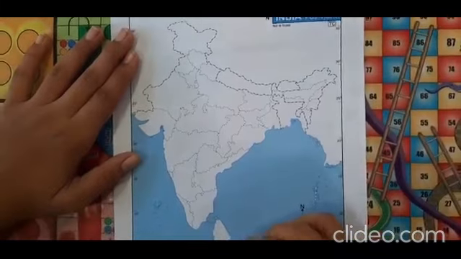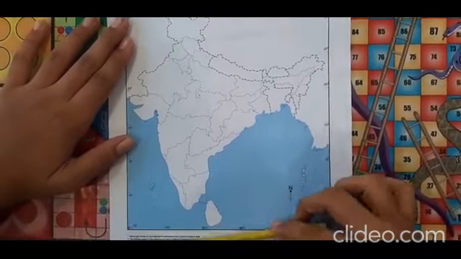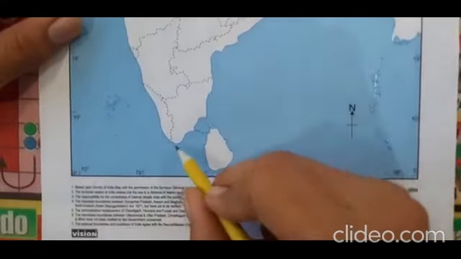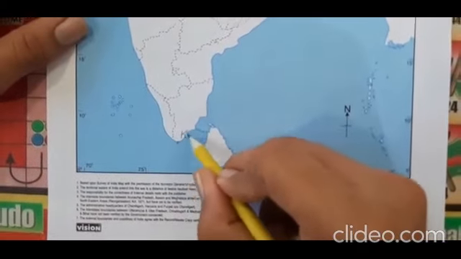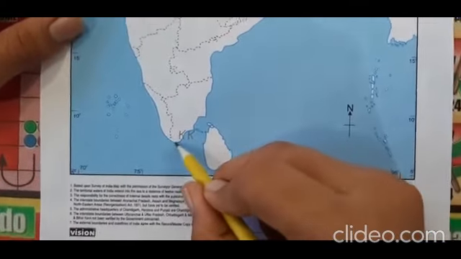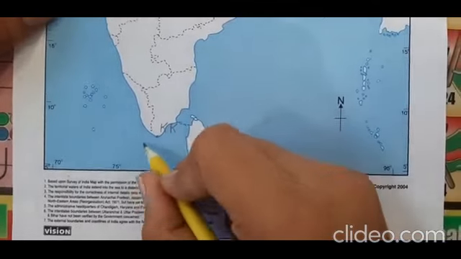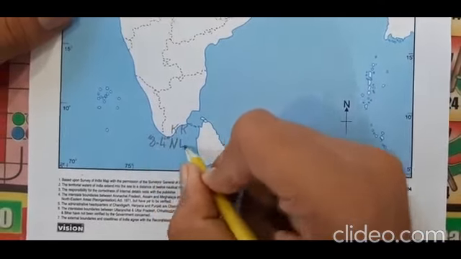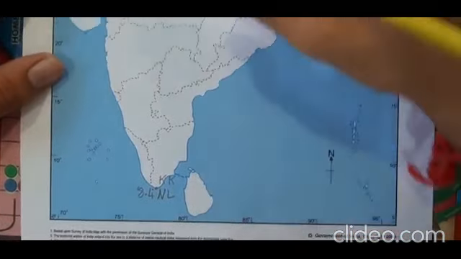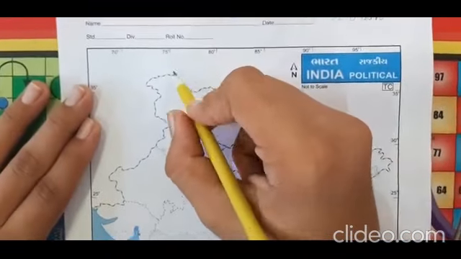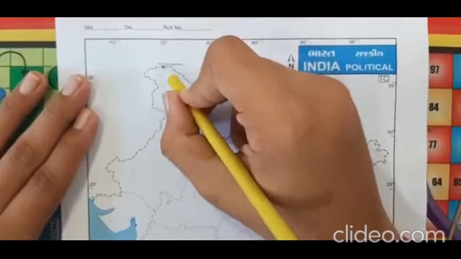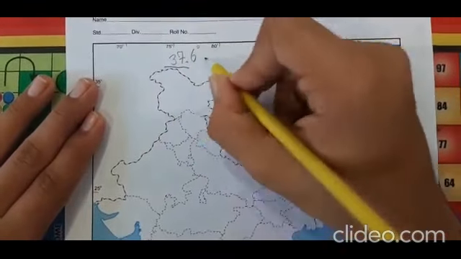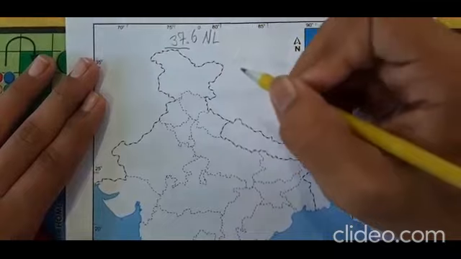So from the equator, the equator is at 0 degrees. This is Kanyakumari. From the equator to Kanyakumari, it is 8.4 degrees north latitude. And at Jammu and Kashmir, here, it is 37.6 degrees north latitude.